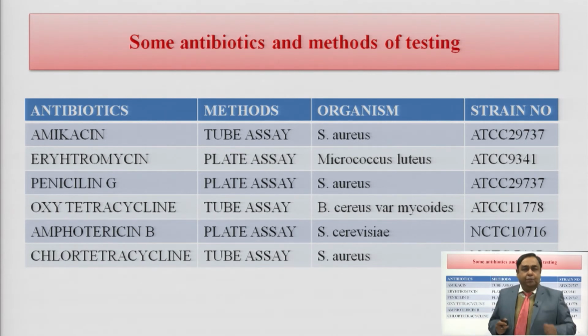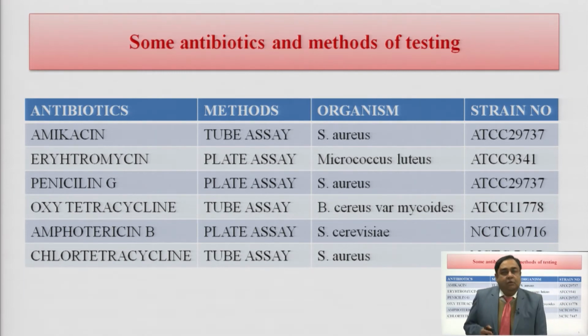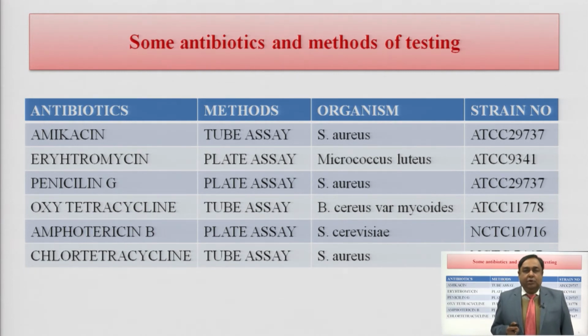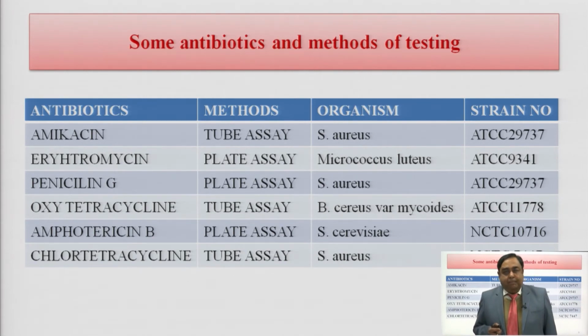Now, let us come to what are the organisms which are specified or recommended by Indian Pharmacopoeia. IP recommends amikacin to be estimated or evaluated or assayed by Staphylococcus aureus ATCC, American Type Culture Collection, 29737.